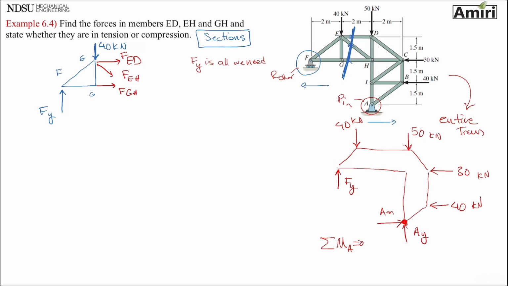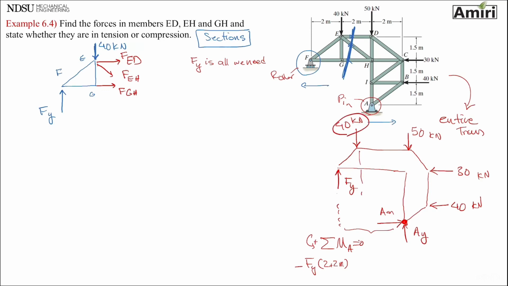So I'm going to write it quicker here. Fy, distance between line of action and point A. This distance here is going to be 2 and 2, 4. So it's Fy times (2 plus 2), and it's trying to rotate it counterclockwise, so it's going to be minus. Then I get this 40.